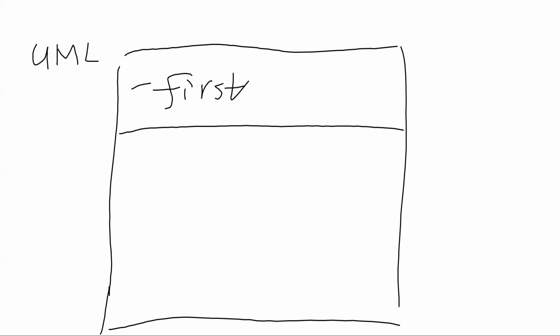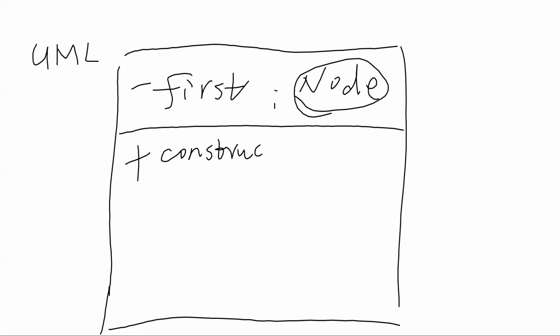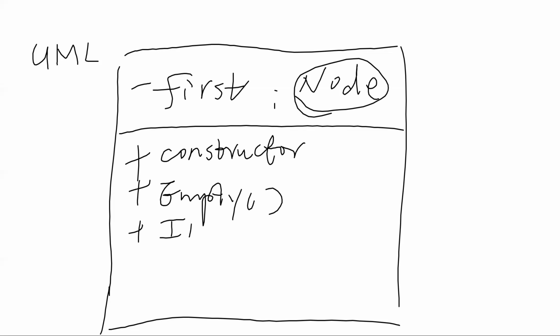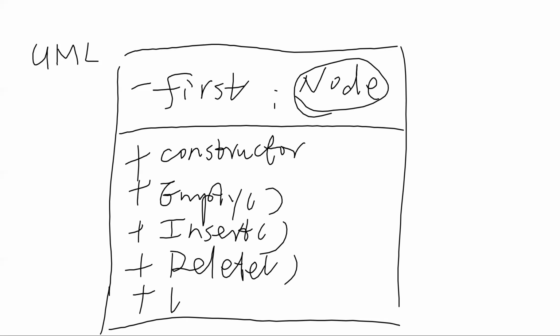And what type should it be? It should be a node type, and we need to define this node type. And the major operations as I just described: a constructor, an empty function, insert, delete, and traverse. So that's generally speaking regarding the UML diagram.